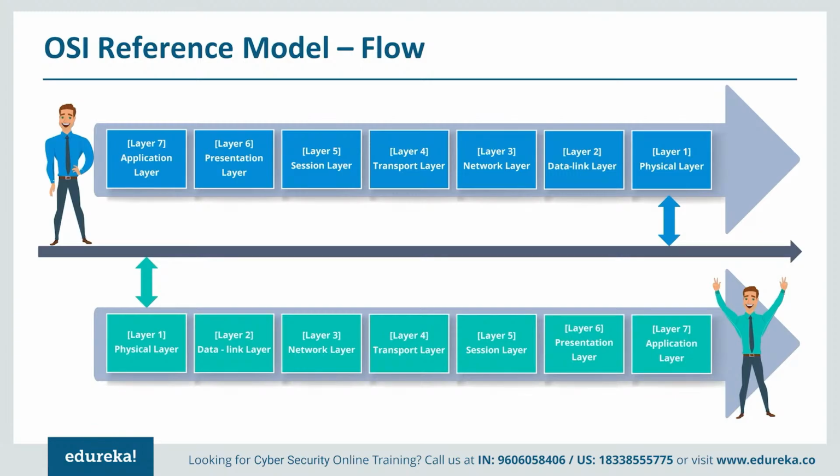For example, if the green person wants to send information, the same hello message will move from the application layer, presentation layer to the physical layer, and it will be passed on to the other person's computer over the physical layer, data link layer, and moves up and reaches the blue person. Even if it's multiple people, multiple devices communicating, any number of devices needs to follow the same layers from layer 1 to layer 7 or in the reverse order layer 7 to layer 1.